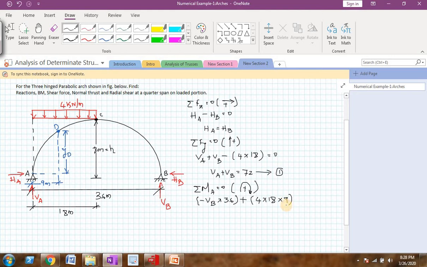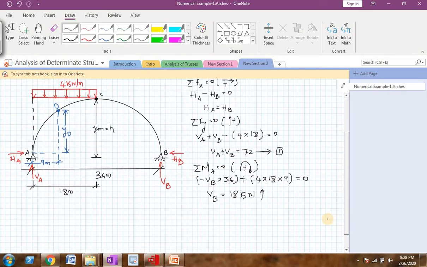No other force is there to take moment at A equal to 0, so I will equate it to 0. In this equation the only unknown is VB. So I can find the value of VB as 18 kilonewtons. And you're getting positive, it means your VB is upwards. That is, you had assumed it as upwards and it is correct.